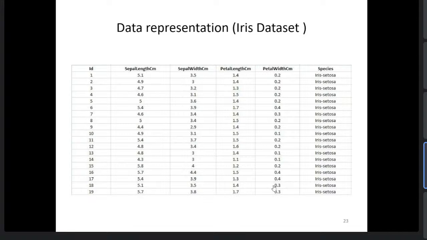These are the features: sepal length in centimeter, sepal width in centimeter. The four features are there. How many classes are there? Here only one class is shown, but actually there are three classes. In this data set there are no missing values. Okay, the sample data set for depiction I have shown. Now move to the next slide.